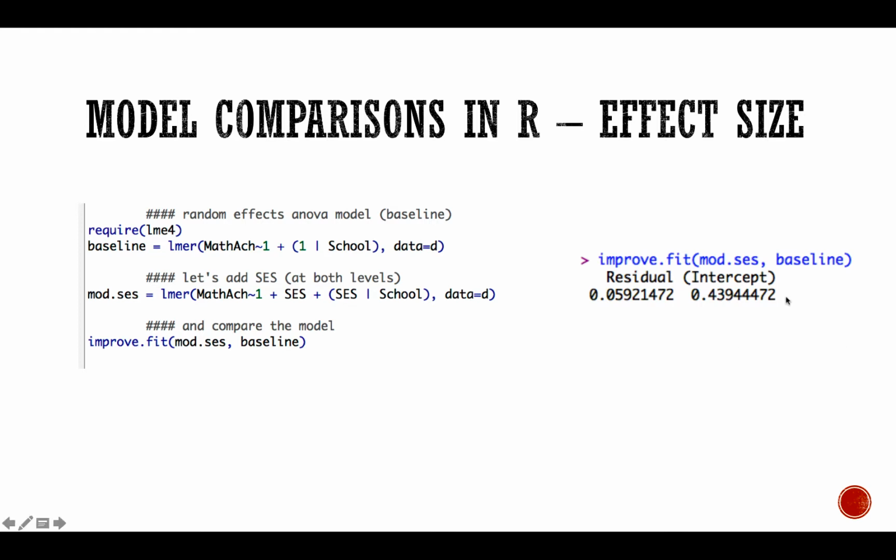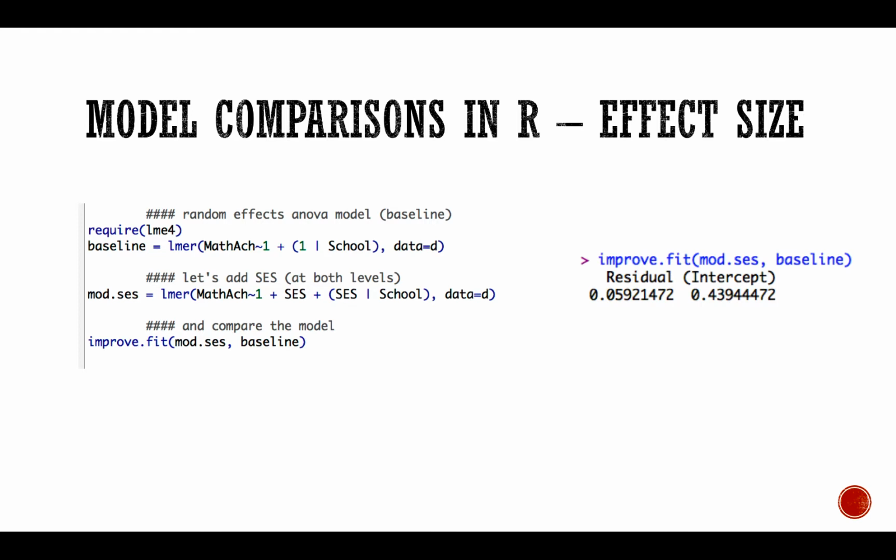And we also reduce the unexplained variance in the intercepts of the model. So each school, we're able to predict its mean a little bit better by an amount of 44% of the variance. Makes sense? So that's the basic idea.